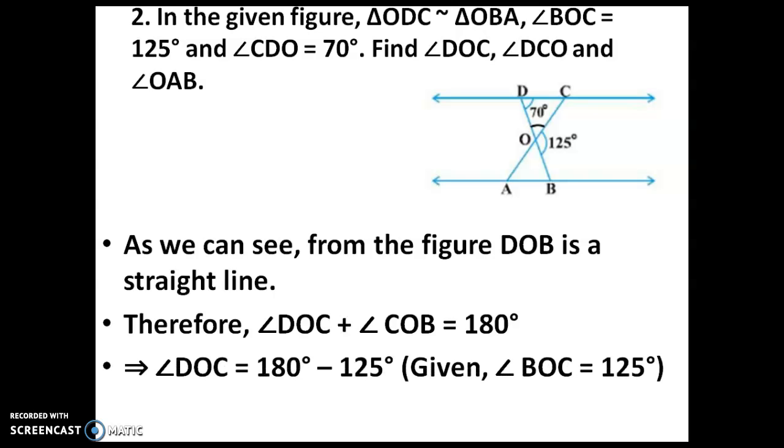Putting the value of angle COB, we will get 180 minus 125 equal to 55 degrees. So the angle we found now is this one. This angle is found to be 55 degrees. This 70 is this angle, don't confuse.